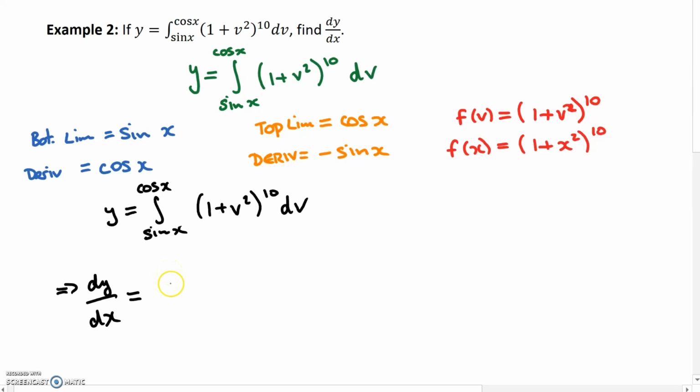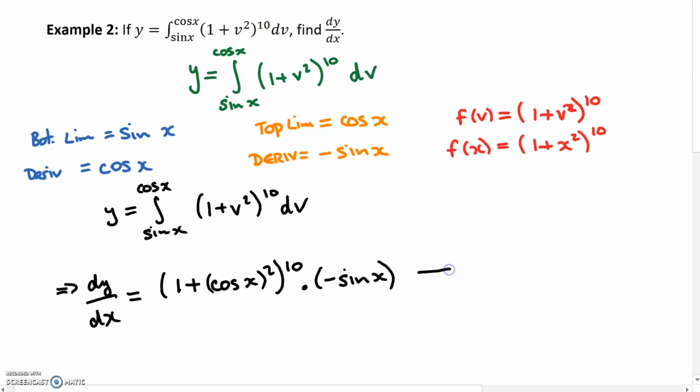So take the top, f is (1 plus x squared) to the power of 10. Instead of x, put in the top limit, which was cosine of x. So it's going to be (1 plus cosine squared x) to the power of 10 by the derivative of the top limit, which is negative sine x.